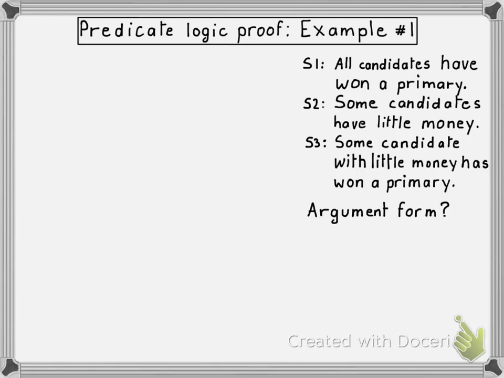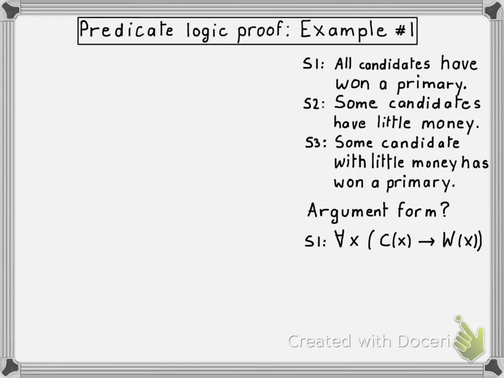It says, for every element in the universe, if you're a candidate, then you won a primary. Let's use the predicates C and W for these two propositions. So S1 becomes, for all x, C of x implies W of x. And I'll let you decide what the universe for x would be, for example, the set of all politicians.